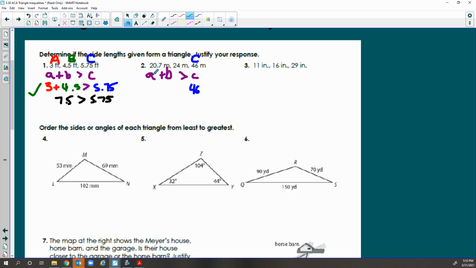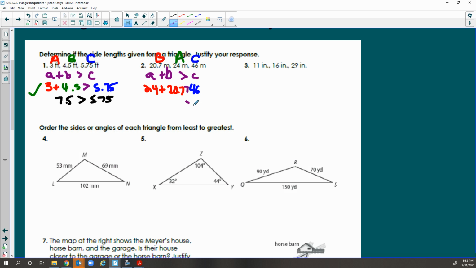If I put A and B, it doesn't matter which one I assign A and which one I assign B. I'll flip-flop them just so you can see. Addition's commutative. A is going to be 24. B is going to be 20.7. And I need to see if that's all greater than 46.